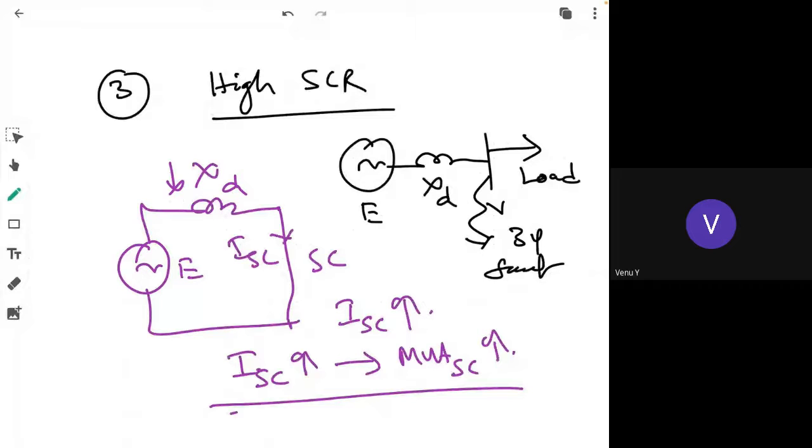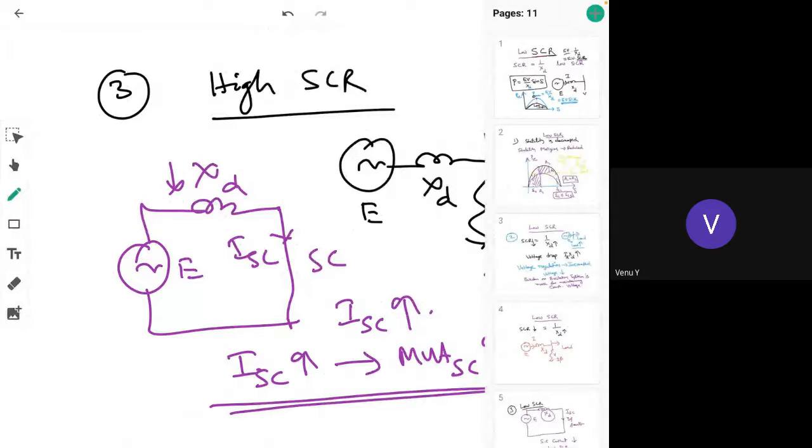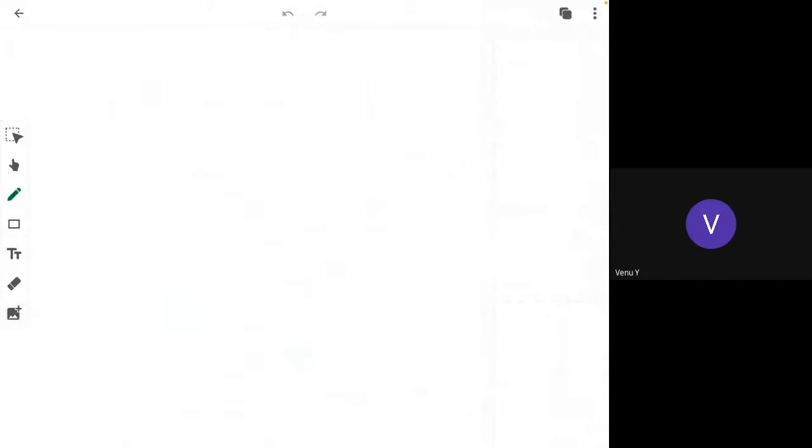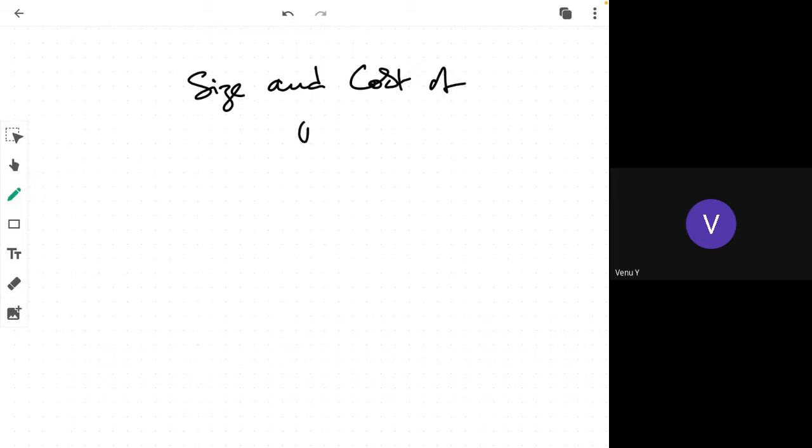Okay, have you understood or any questions? So coming to the size and cost of the machine. For better understanding, let us assume that the air gap length is doubled.